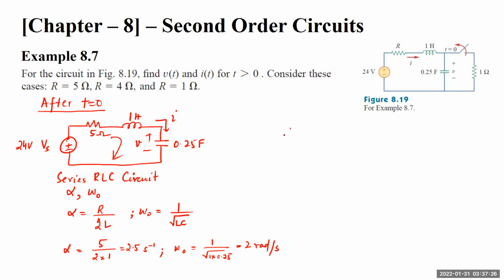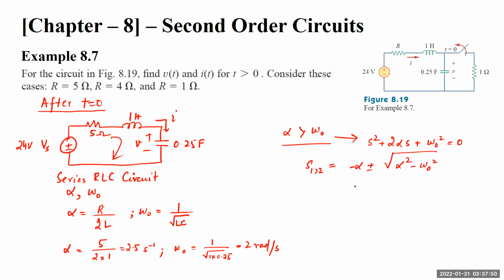So I see from here that my alpha is greater than omega naught. So if alpha is greater than omega naught, my characteristic equation will look like s square plus 2 alpha s plus omega naught square equals 0. My solutions s1 and s2 will be minus alpha plus minus under the root alpha square minus omega naught square.